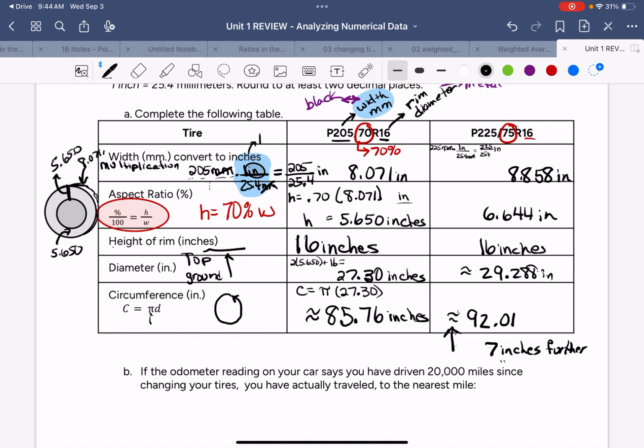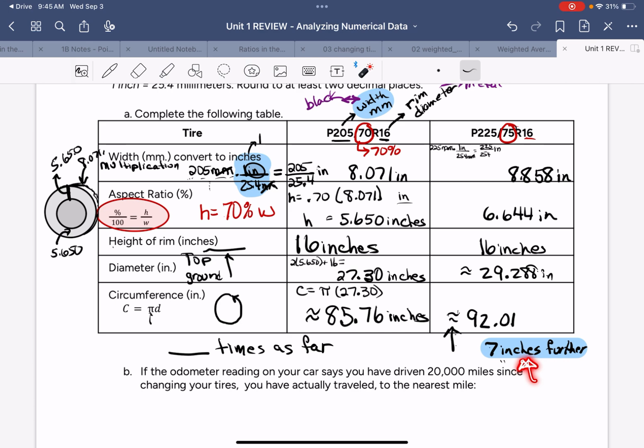We want to know how many times blank times as far, because that will allow us to compare it over and over again. A lot of you are doing this, and this is true, but then you have to say, okay, but wait, how far did we go, and how many of those 7 inches do I need, and I'm going to multiply them over and over and over again.